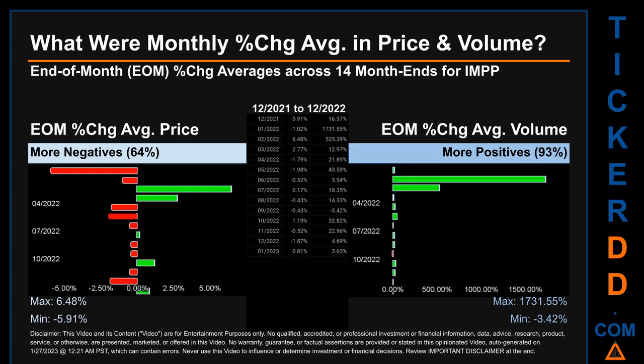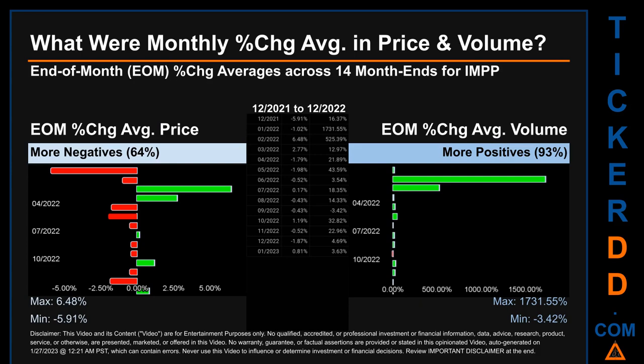What were end-of-month percentage change averages in price and volume for IMPP? The monthly average of percentage change, in price and in volume, was calculated for each of the 14 month ends. That calculation took daily percentage changes and averaged them for each given month. If a month end came out negative, it means that the month summarily saw a negative change.